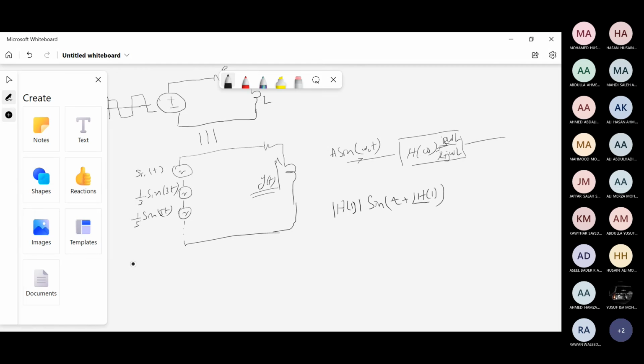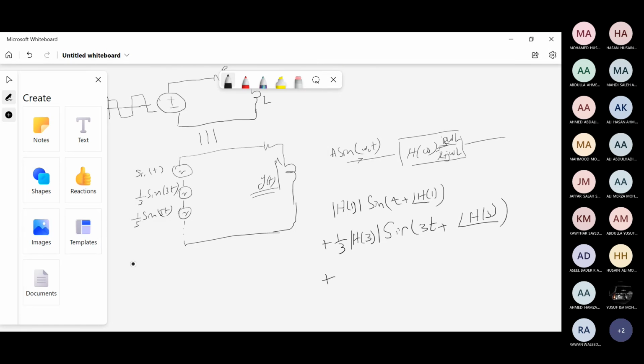So this is the output from the first one, plus from the second one, it is 1/3. So you need to find h at 3 now because the frequency equals 3. Sine 3t plus angle of h of 3.